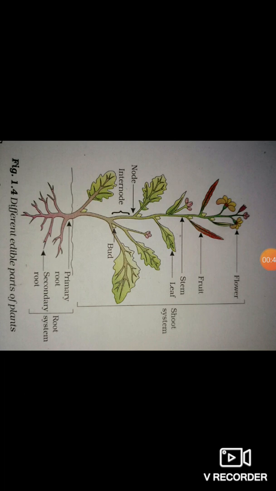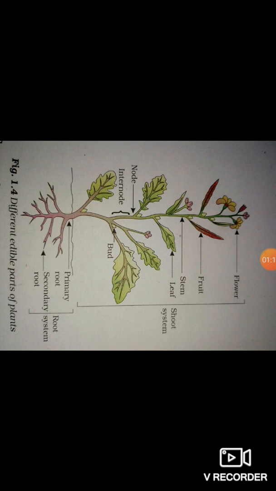That means you see in this diagram there are different types of edible parts of plants, and different parts of flowers, as well as fruit, stem, leaves, bud, node and internode.